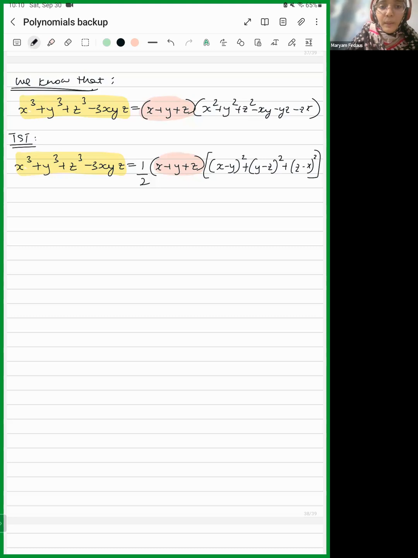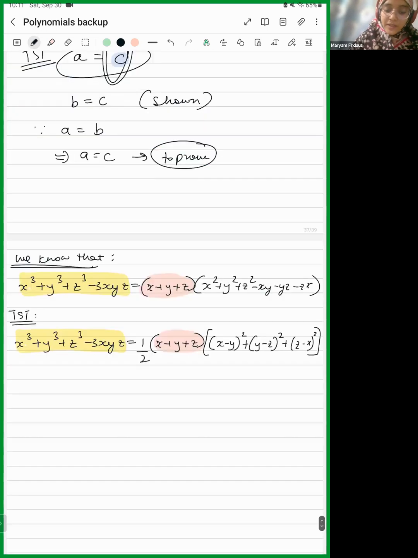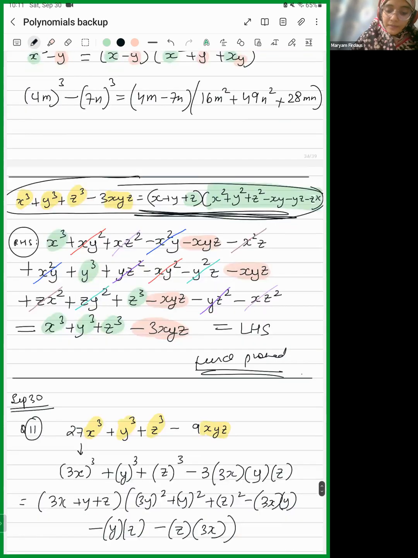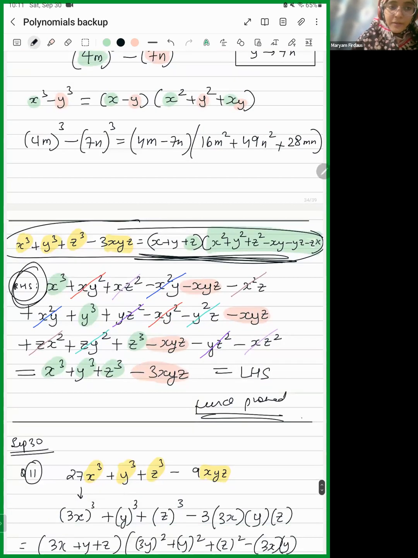Ma'am, the x plus y plus z, and we have to multiply the whole thing, like the right hand side. We have to multiply x plus... no. See, what we did in the previous class, when we multiplied the RHS, this is what we got, the entire long thing, and from that we got the LHS.